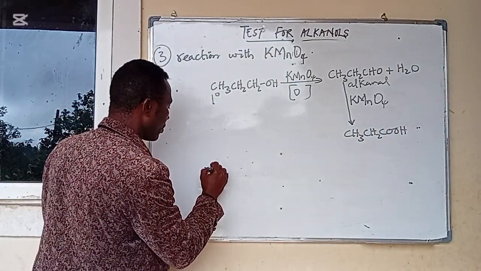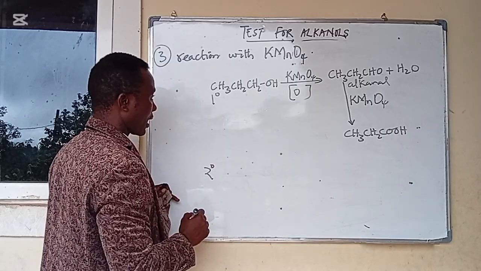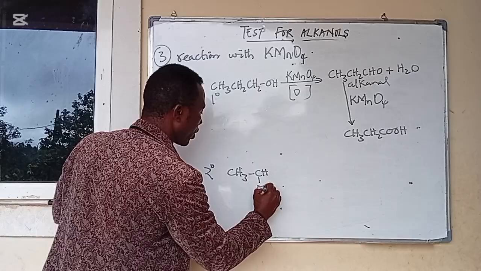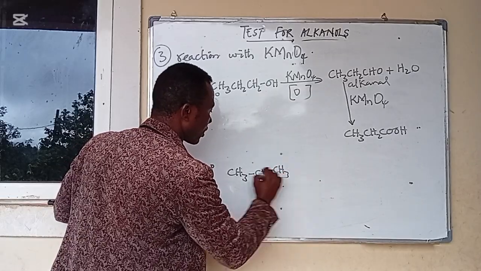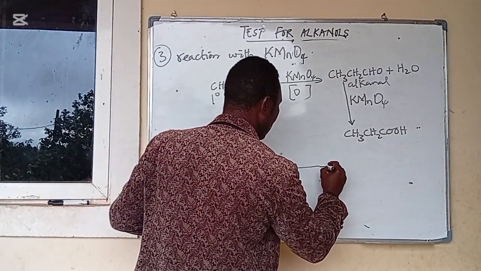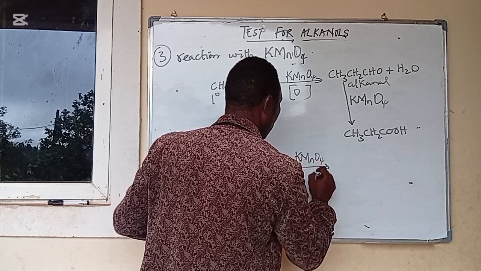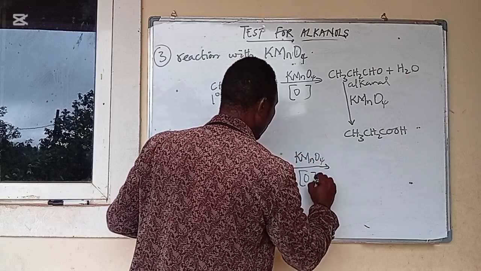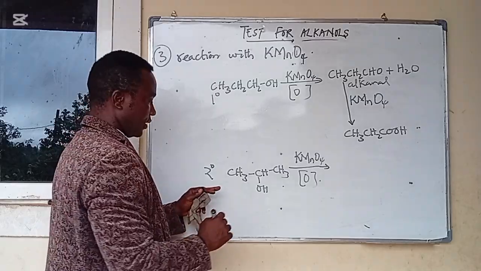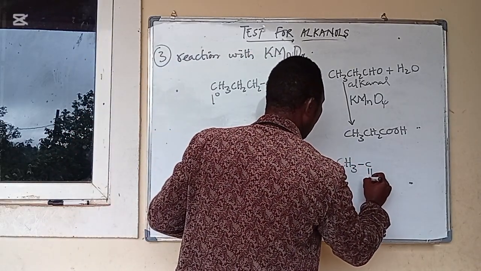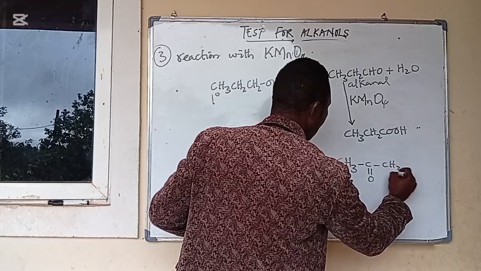Now, if you use the secondary alkanol like CH3CHOHCH3, and you react it with oxidizing agent KMnO4, which donates oxygen, what you get is CH3, C double bond O, CH3.